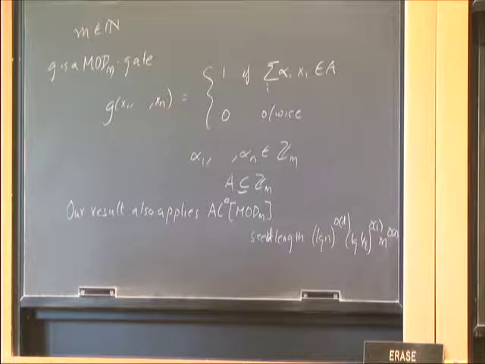But on the other hand, the uniform distribution over just the zeros of this function is a very good small bias space, an epsilon bias space.